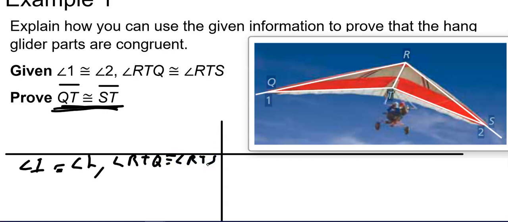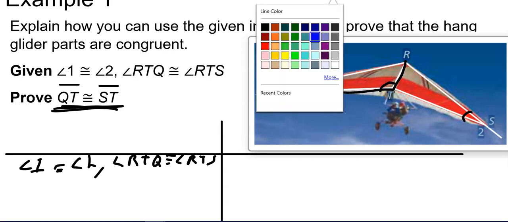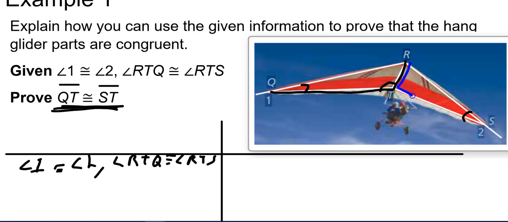So where is that? So let's mark these. Angle 1 is congruent to angle 2. And RTQ, which is right here, this angle, is congruent to RTS, which is this angle. All right? So we know the two angles that have been given to us right there.